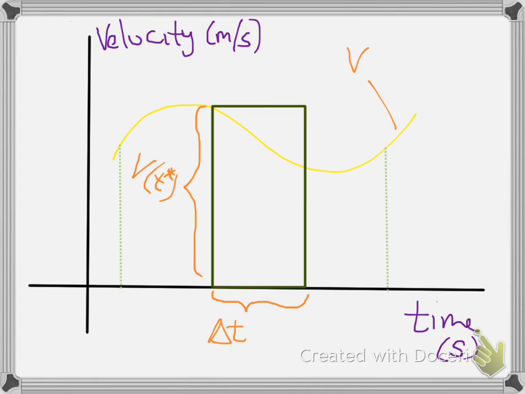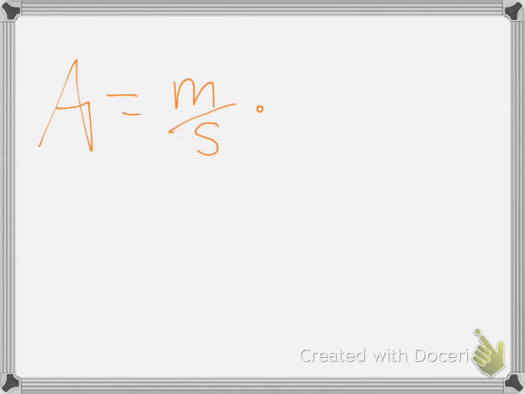The horizontal side is a change in time, which has a unit of seconds. So finding the area of the rectangle, I'd be multiplying some velocity in meters per second times some change in time, which is in seconds. And then when we do the algebra here of canceling these two values out, we'll be left with the units of the distance, which in this case is meters.